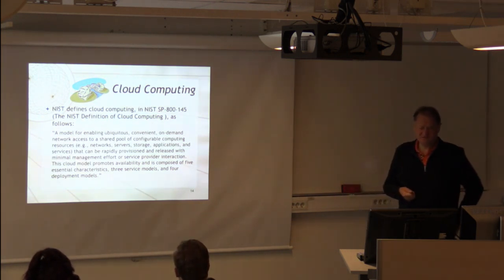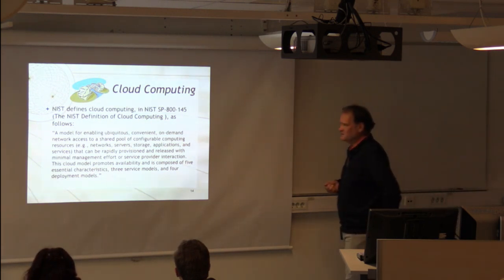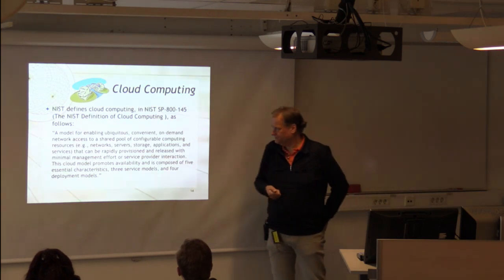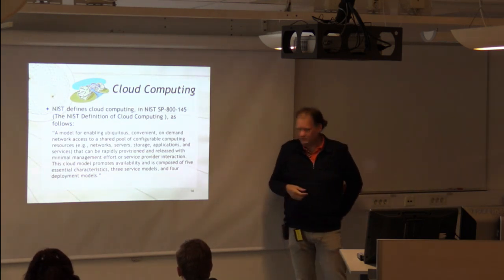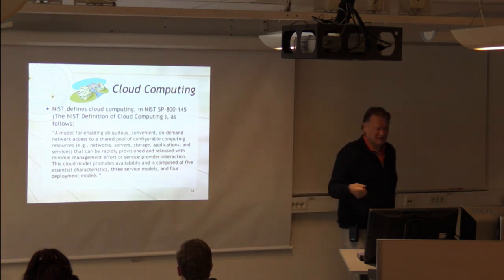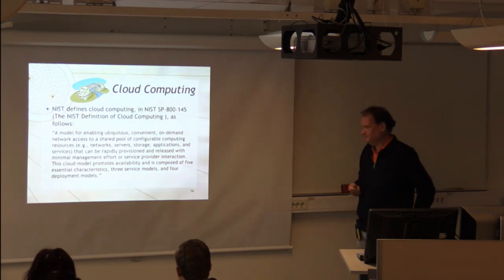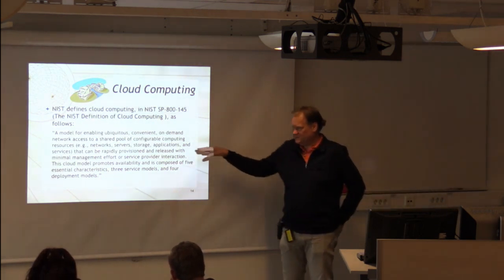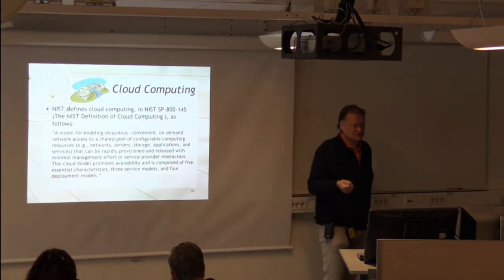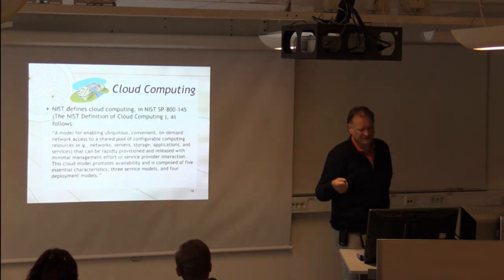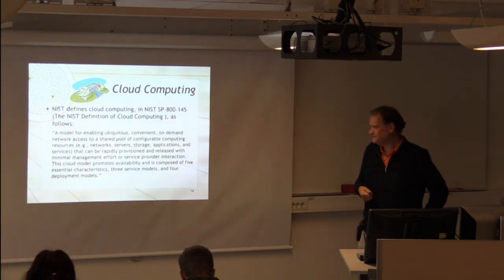So any type of thing that we would like to be able to connect can be thought of as cloud computing. And it can be rapidly provisioned. Well, that is the on-demand thing. We can say, yes, I want it, and it should be easy to get it. Released with minimal management effort. So here comes automation in. It has to be a system that doesn't need a lot of manual configuration if we would like to make some changes.